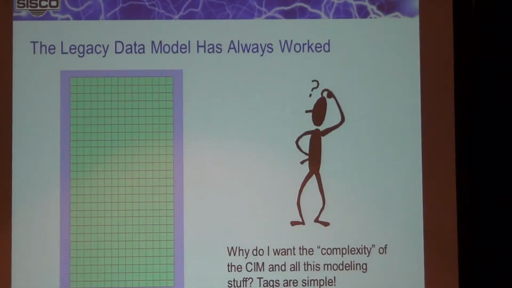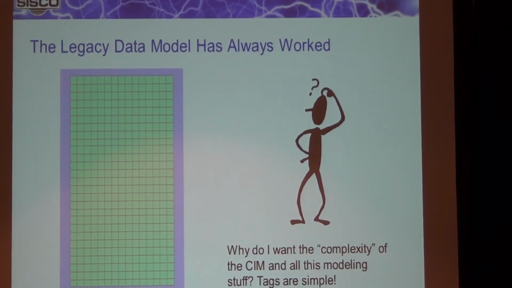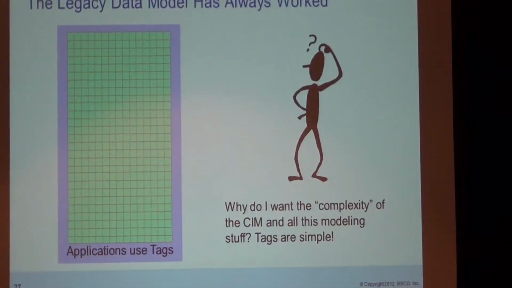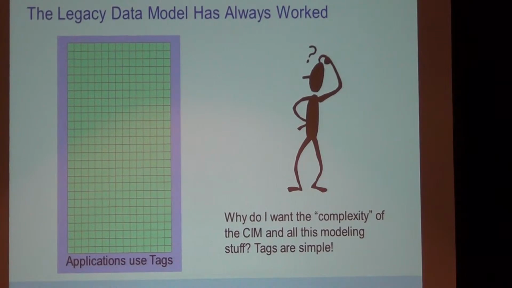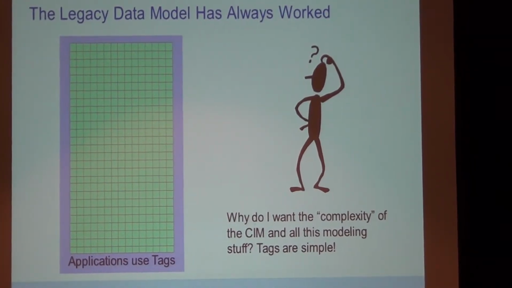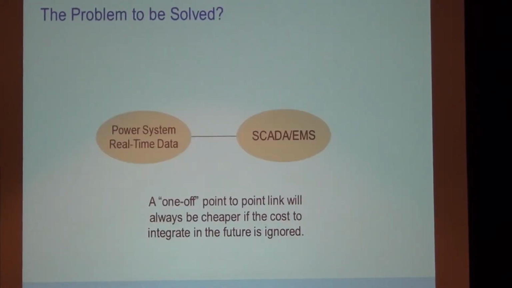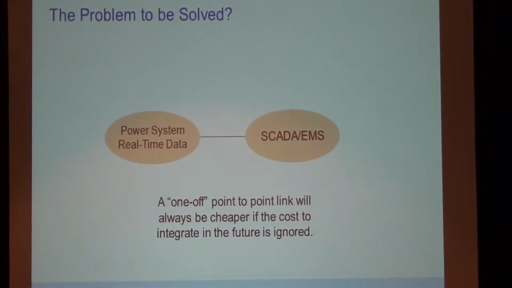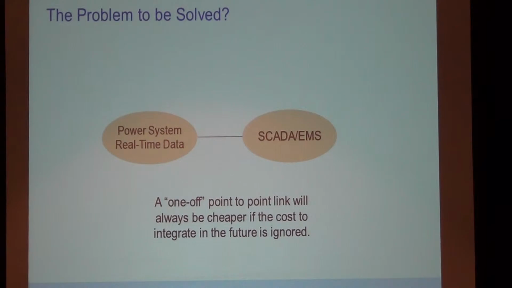So you might say, well, what do I need the CIM for? I got all this, why do I want this complexity? I got to learn modeling now. And when we look at typical systems where you're comfortable with basically tag naming, it's simple. You got to look at the problem that's trying to be solved. Now, most people will say, okay, well, I got power system data, I got a SCADA-EMS, well, how do I get data in there?